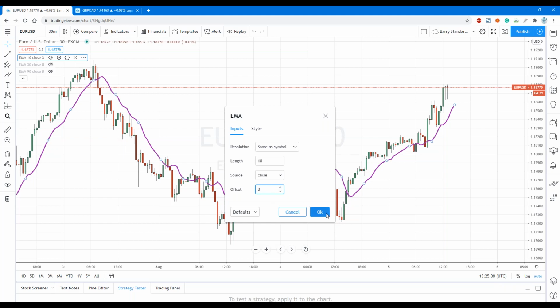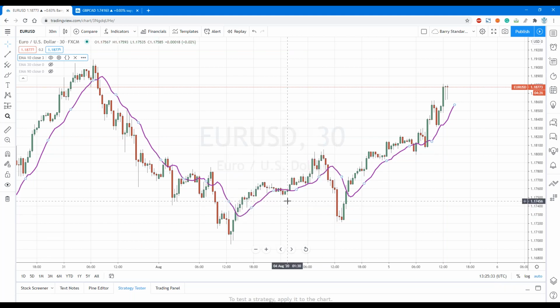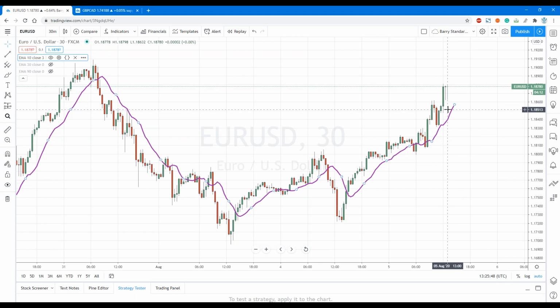So in other words, it uses the same exact calculations, but it puts the dot on my chart 3 time frames into the future. So in other words, we're looking at the euro US dollar, and the most current moving average, instead of being placed right here where it would be in the chart, it's now placed 3 candlesticks forward. So it has to take now an hour and a half to reach it.